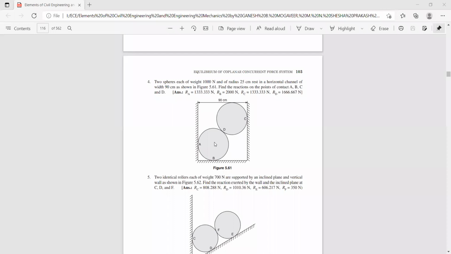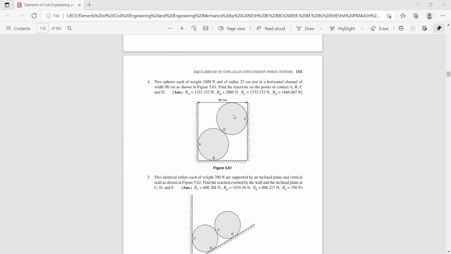Now here we need the angle, correct? RA is horizontal, RB is vertical, RC is vertical, and RD is inclined, because if you join the centers of these two spheres, this is the center of sphere 1 and this is the center of sphere 2. Suppose I take this as point O1 and this as O2.